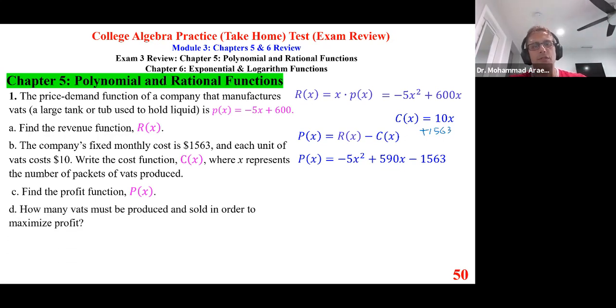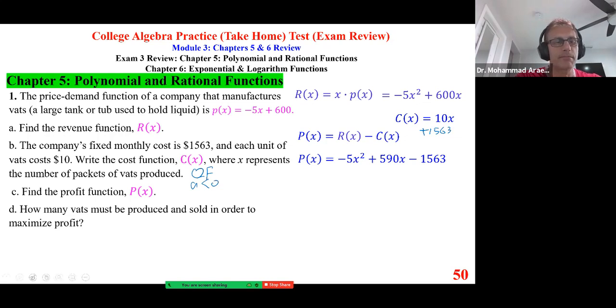How many units should we produce and sell to maximize profit? This is a quadratic function where a is negative. More specifically, a is -5. So if we were to graph this, it will open down.